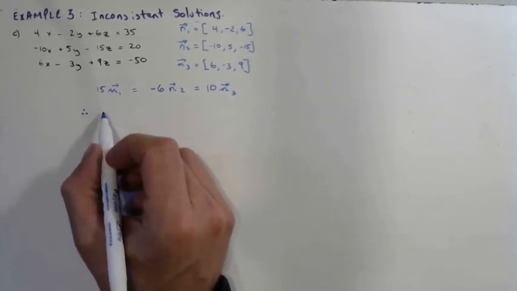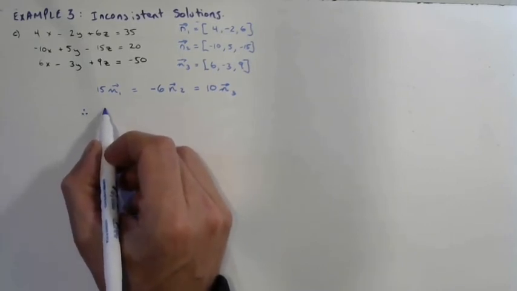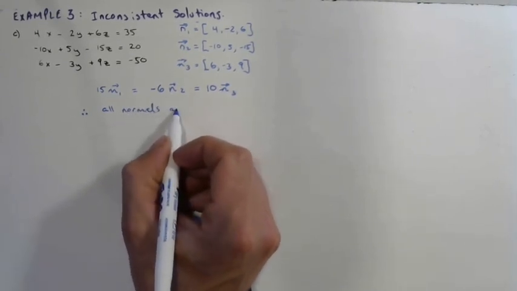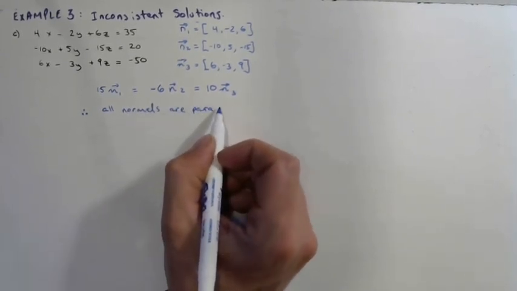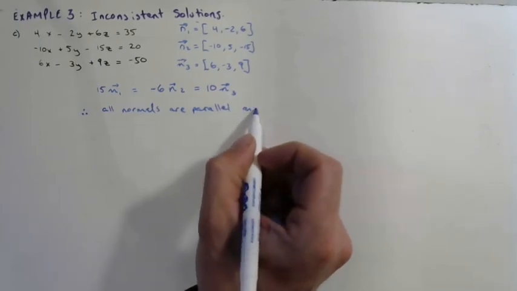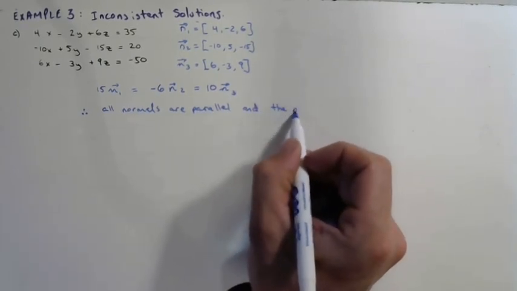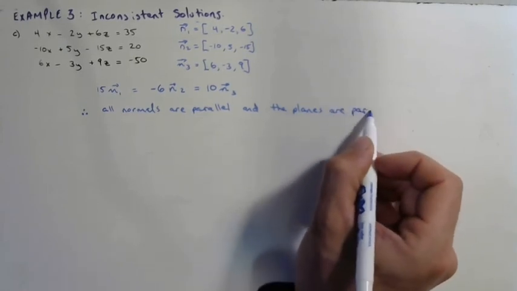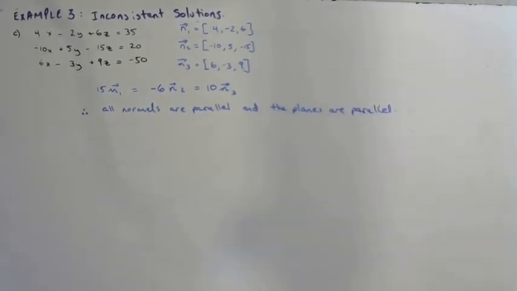Therefore, all normals are parallel and the planes are parallel.